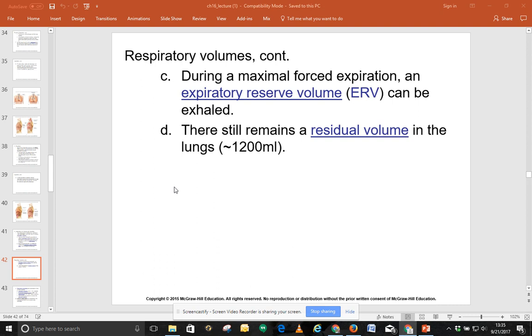And then below the expiratory reserve volume, there's a little bit of volume in the lung called a residual volume, we may get into that later, but we don't always access the residual volume, and that's give or take about 1,200 milliliters of air.